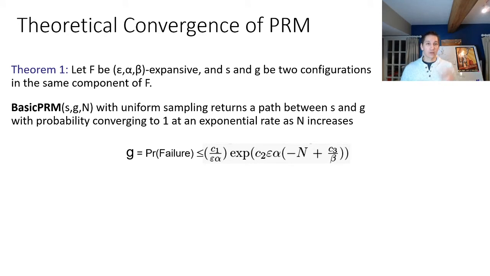There have been theoretical results showing that PRMs converge in probability as you add more samples to your probabilistic roadmap. Given values of epsilon, alpha, and beta that are greater than 0, the probability that a PRM fails to find a path between the start and the goal is bounded above by an exponentially decreasing function.